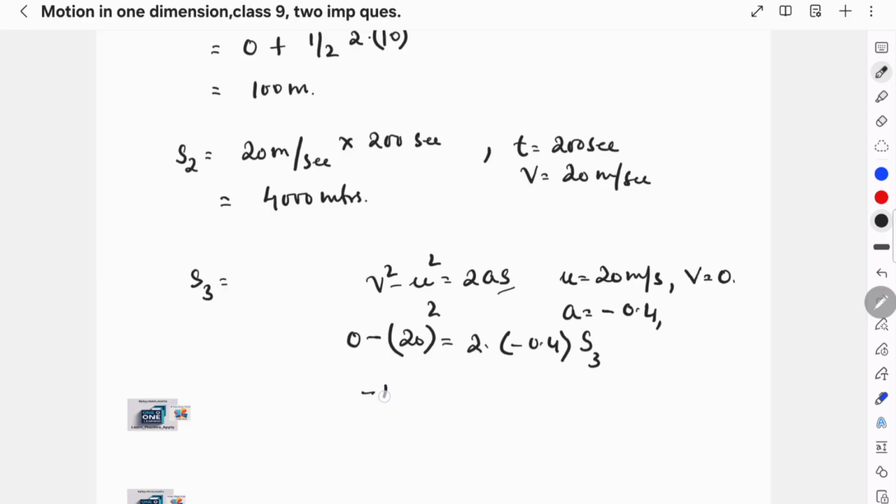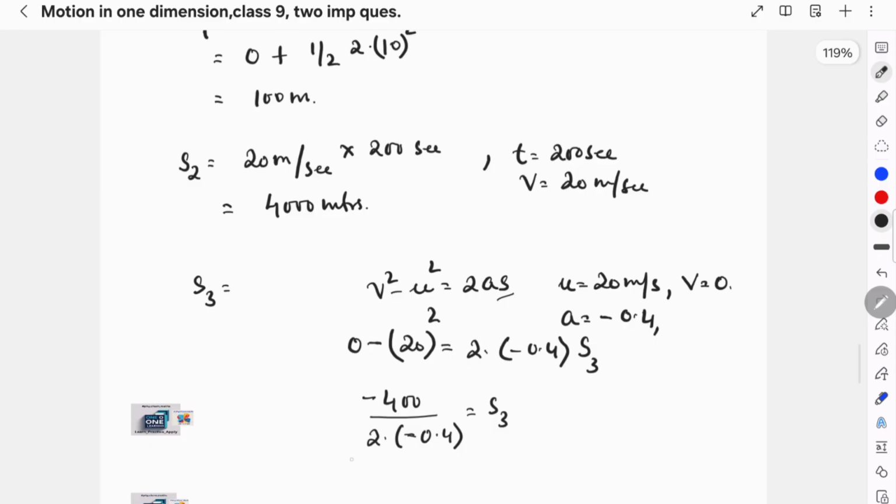So we have minus 400 divided by 2 into minus 0.4 will be my S3. The minus minus will get cancelled and we will get 500 meters.